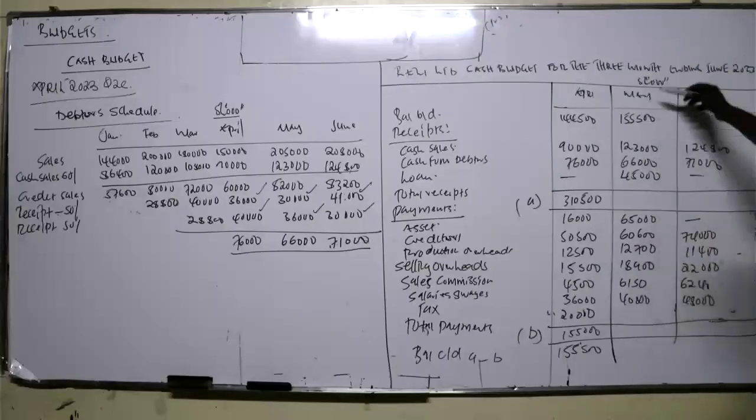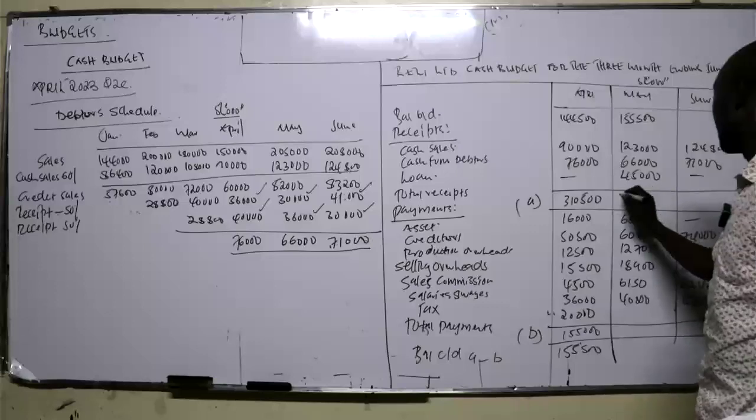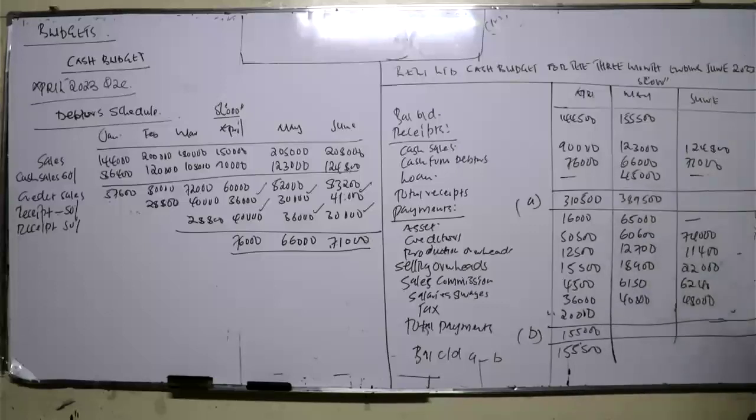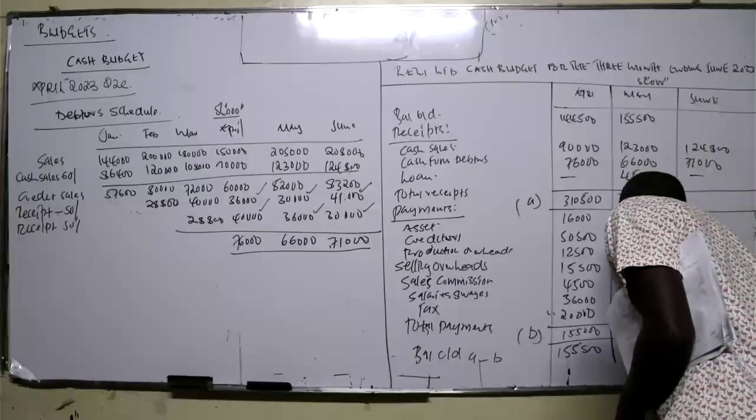So again, we do it. We add all the receipts, and then we add all the payments, we get the difference, which is going to be our opening balance in June. 389,500. Payments, 203,300.